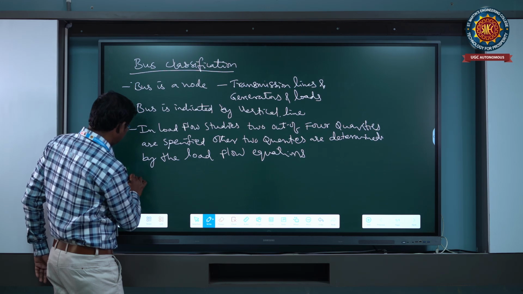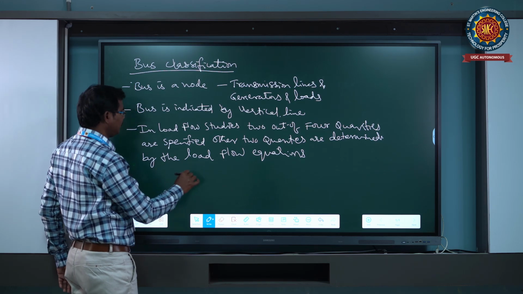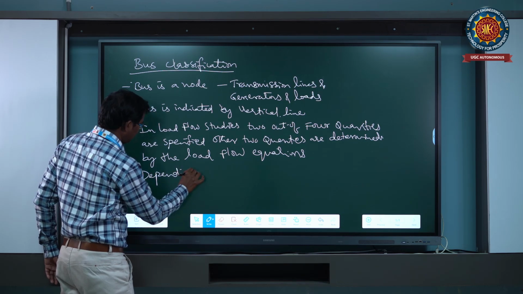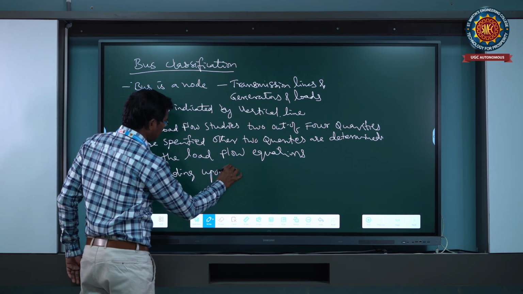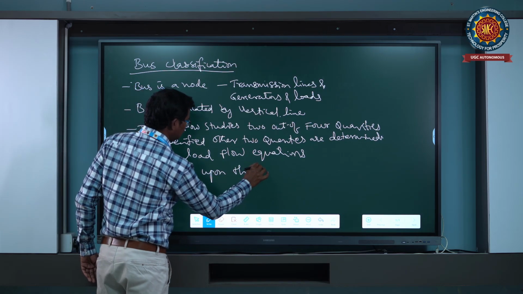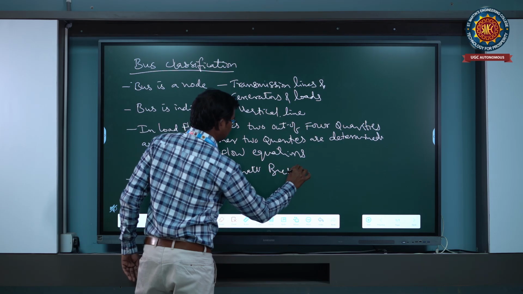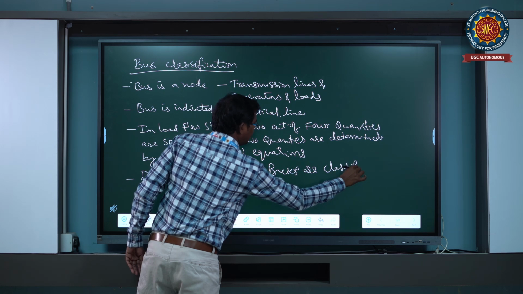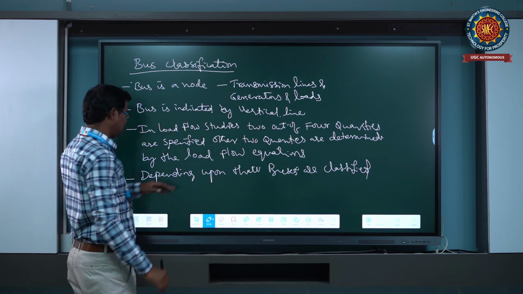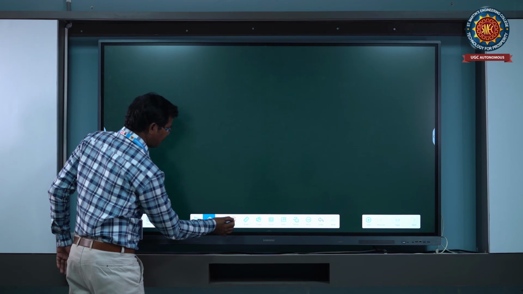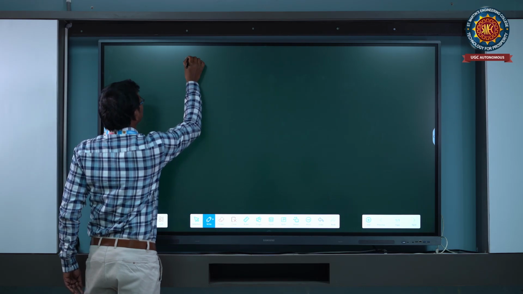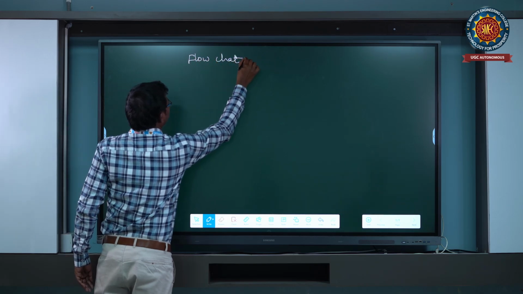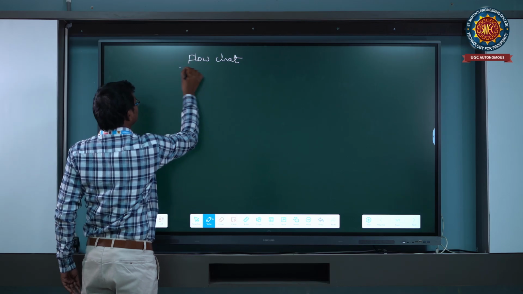That is the reason buses are classified depending upon that. This is the flow chart for bus classification.